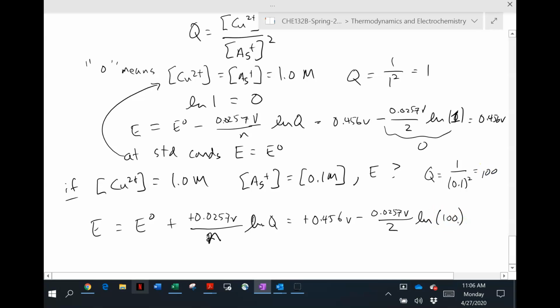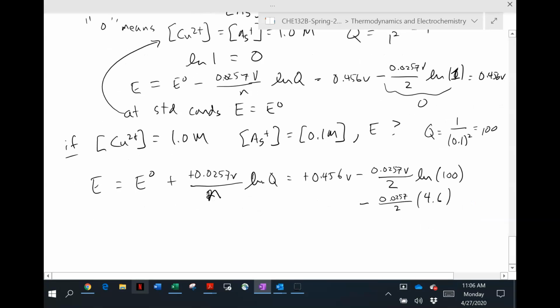The natural log of 100 is 4.6, and we multiply that by 0.0257 divided by 2. That whole term is now going to be negative 0.059 volts.